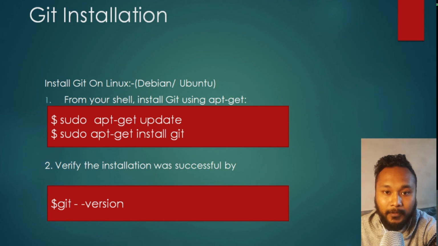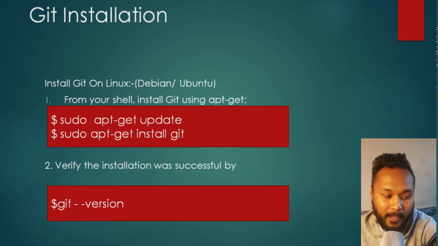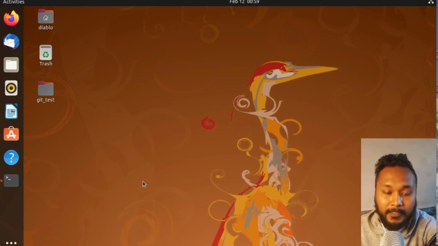Now we move on to the steps to install Git in our Linux local machine. As you can see, the commands on the screen describe how to install Git on your local machine by using the CLI in Linux. So let me get you there. This is my Linux machine hosted on my VM.